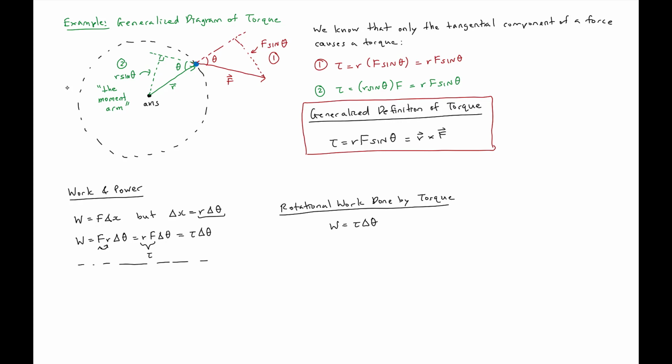So just as an explanation, we know that work is equal to a change in kinetic energy, and it's the exact same in the rotational world, except now work is going to be equal to a change in rotational kinetic energy. So we can say W is equal to tau delta theta, and W is equal to delta KE, just like before.